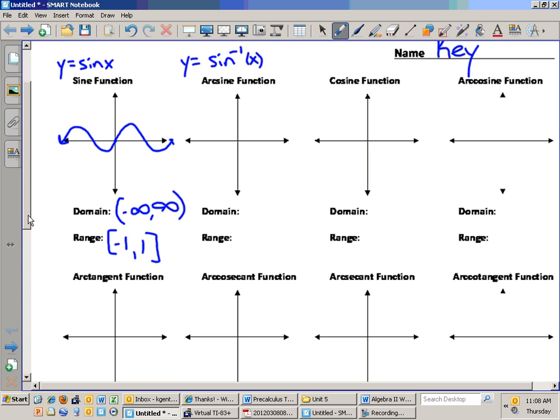So what arcsine does, when you do inverses, they change x and y values. So this range goes over to the domain. So we want to look at the function over the given domain from -1 to +1.